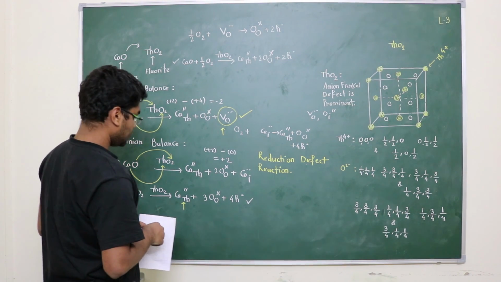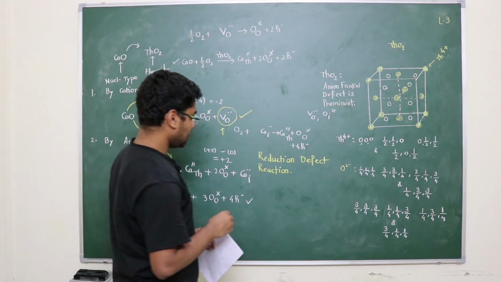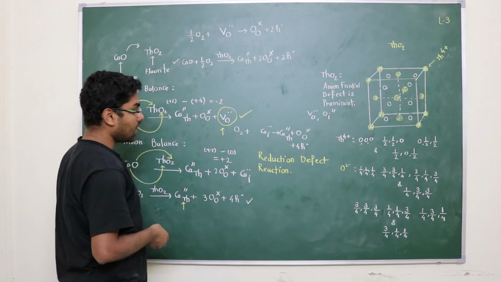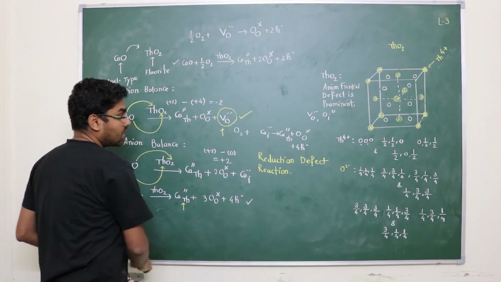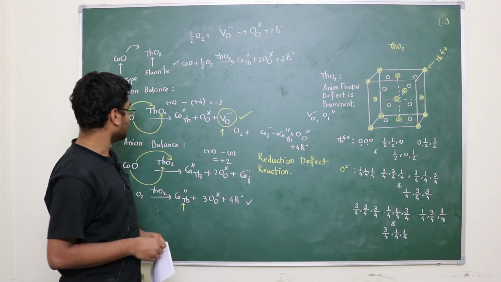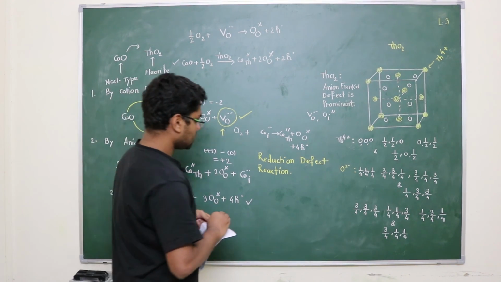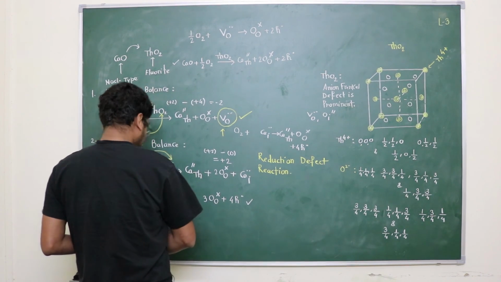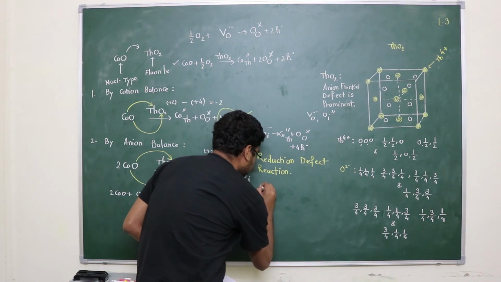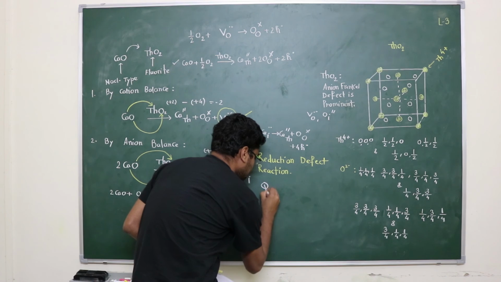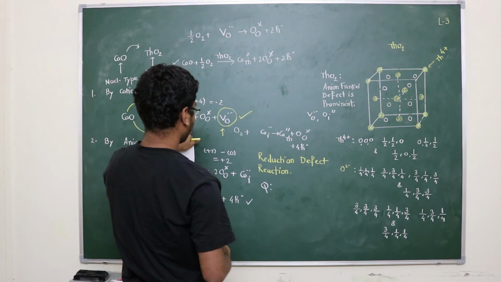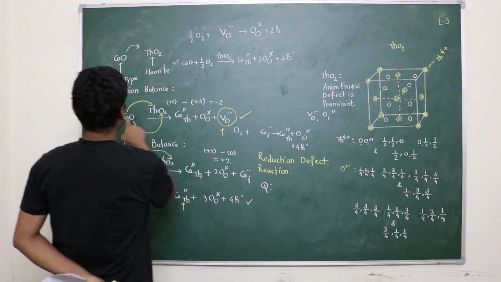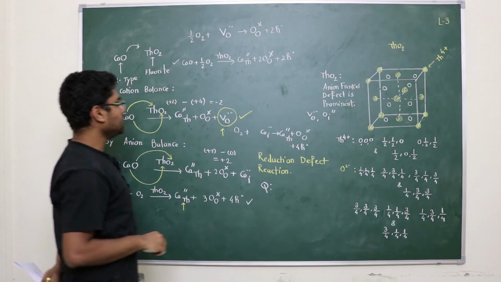I would like to give a homework. The homework is just to practice it. If you are not able to do it, you can mail me or put it in the comments also. So the assignment is: here we doped CaO in TiO2.